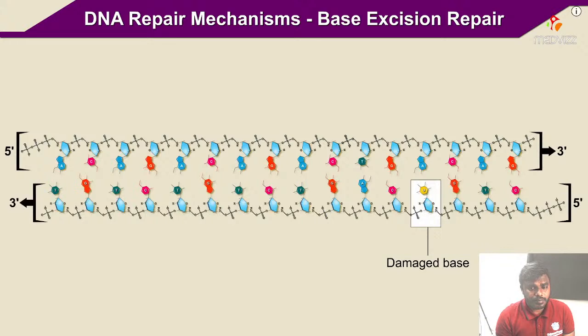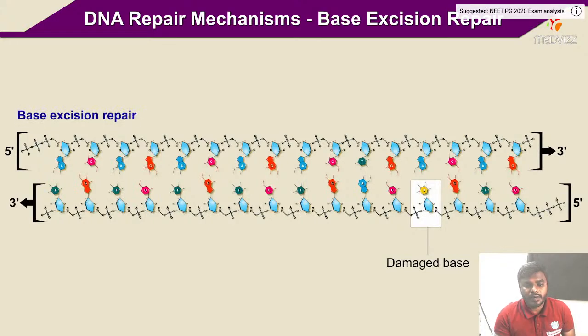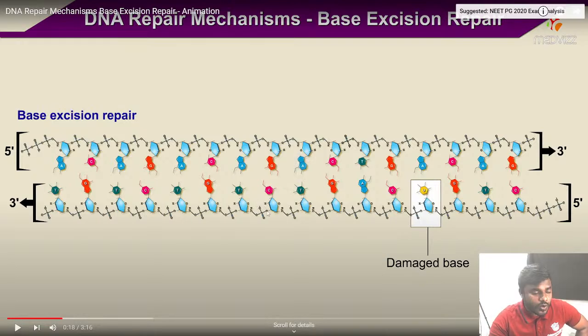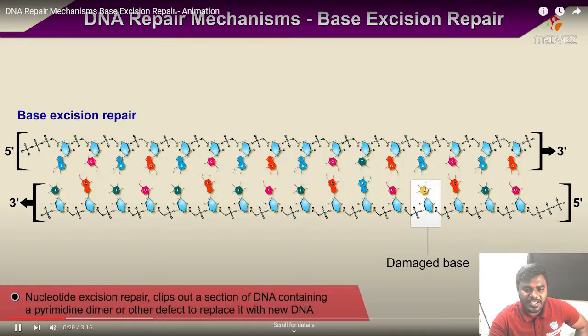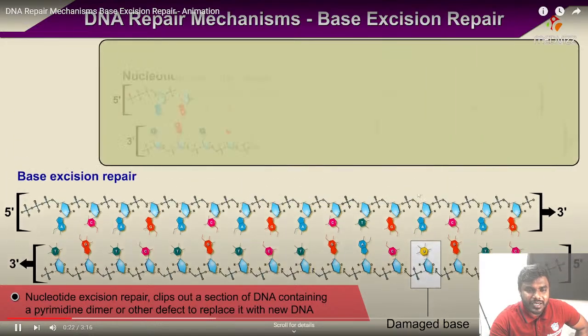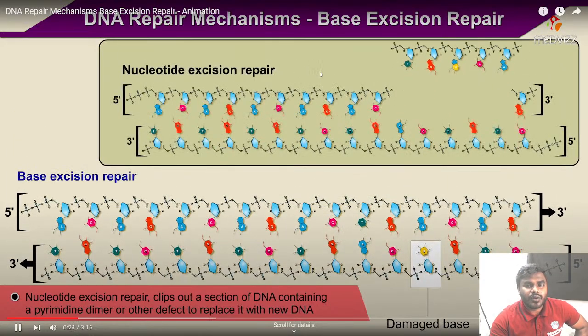Some damaged DNA bases are repaired by a system called base excision repair. I think the voice is low, I will raise the voice. Listen. See friends, there is an introduction of uracil here. This is a nucleotide. This is entirely different. And friends, let me tell you one simple question.